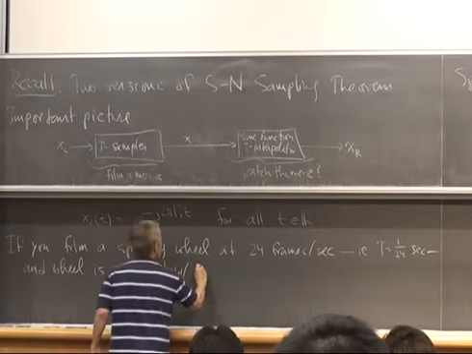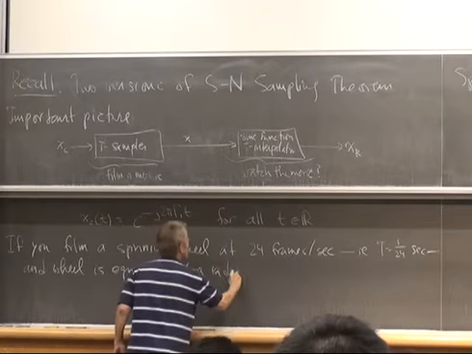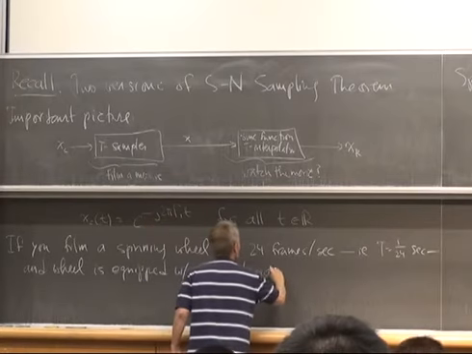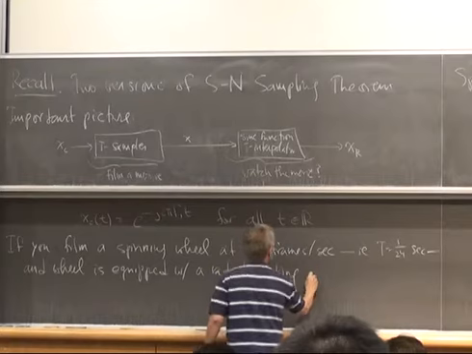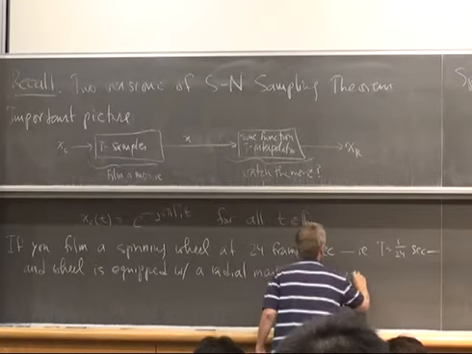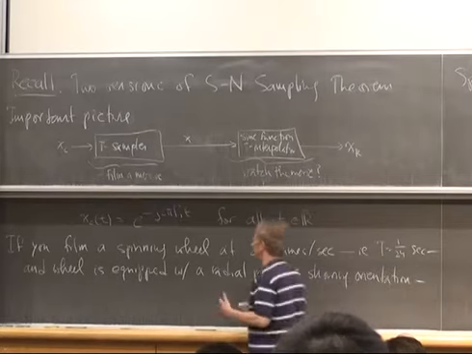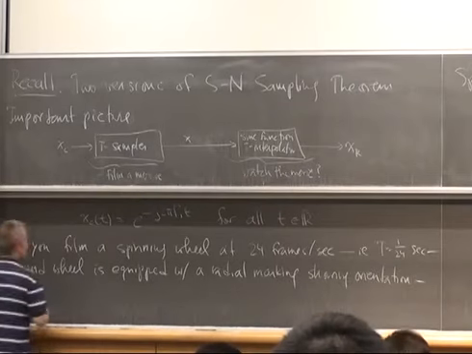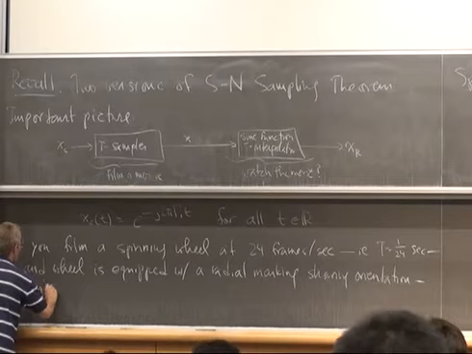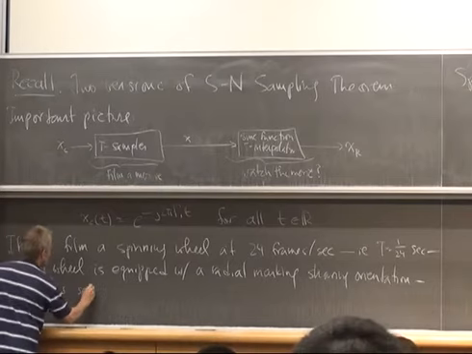So the wheel is equipped with a radial marking that shows its orientation. Various sequences of frames can arise. Now I'm going to look at one specific example.